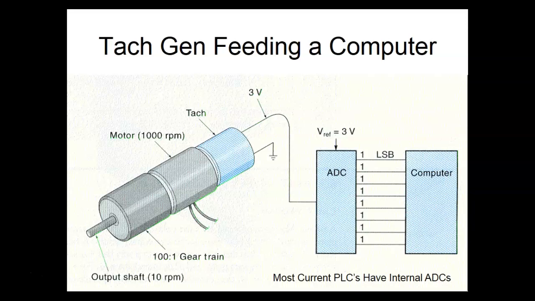Normally, if we wanted to feed this into a computer, we would have to run it into an A to D converter. This is an 8 bit one, so we'd get a count from 0 to 255 representing the speed. Then we would have to figure out a transfer function for that. Right now, this would indicate that the motor's running at maximum speed. And of course, if we got all zeros, it would mean it's running at minimum speed.